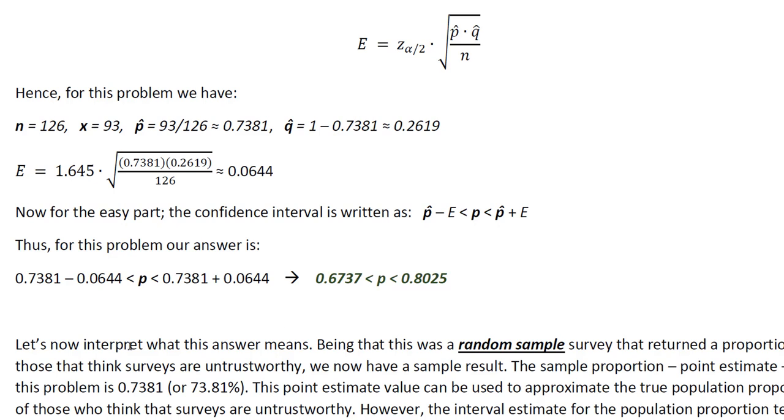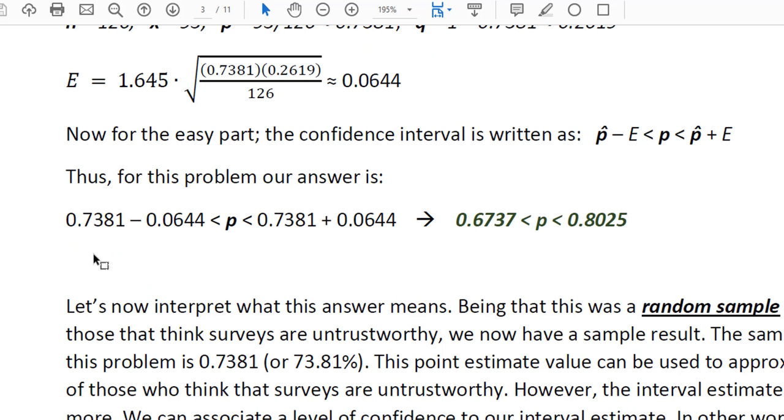In other words, for this problem, on the left side, we would have 0.7381 minus 0.0644 is less than p, or the population proportion, which is less than 0.7381 plus 0.0644.